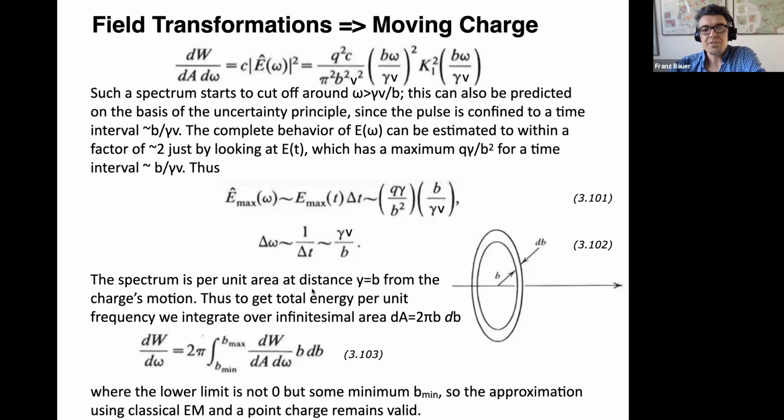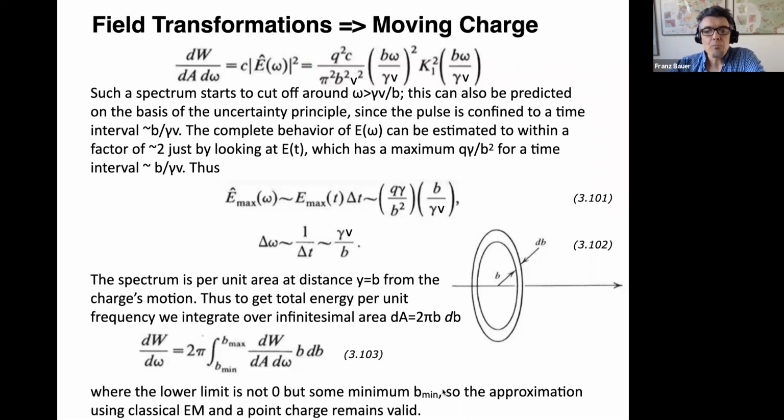So the spectrum per unit area, we have y equals b, and so we then integrate over some infinitesimal area, which we consider 2 pi b dB, right? And so we want to integrate this between some b min and some b max. And we can't have the b min be 0, we can't have the b max be infinite. And so we choose some values that are sensible.